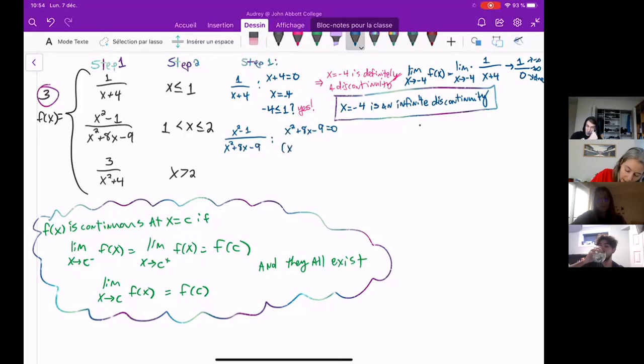So in this case, I have x + 9 times x - 1. Why? Because 9 times -1, good job, Gabriel, is -9. 9 minus 1 is +8. So this gives me x is equal to -9 and x is equal to +1. So now I want to check both of those. So I'm going to check -9. Is 1 less than -9 less than or equal to 2?